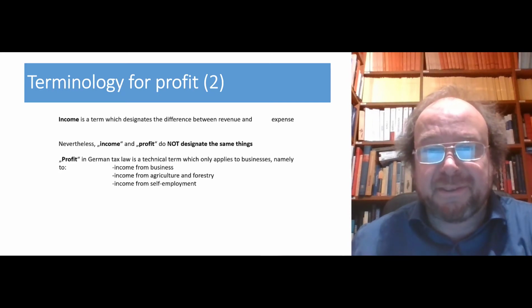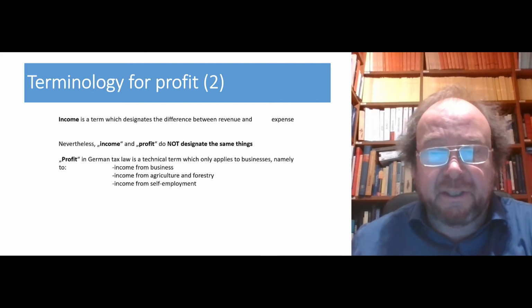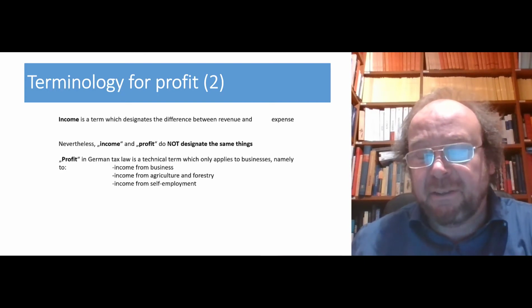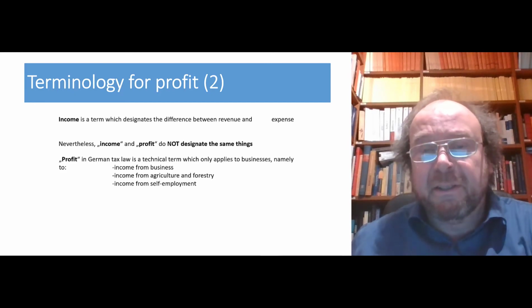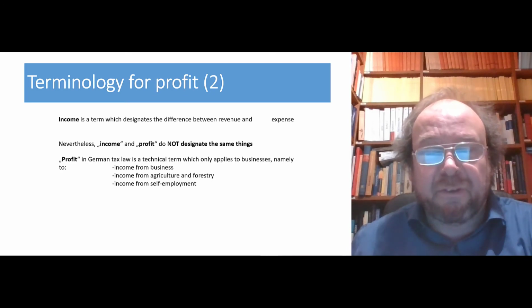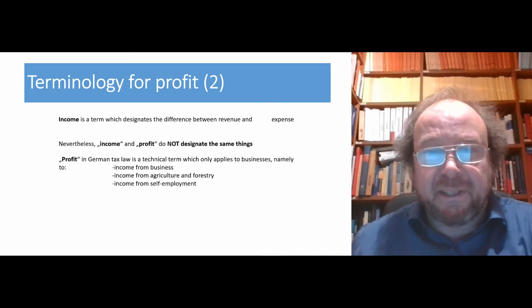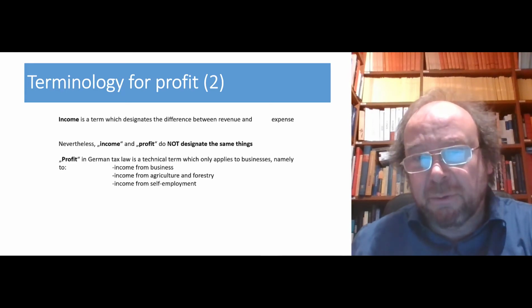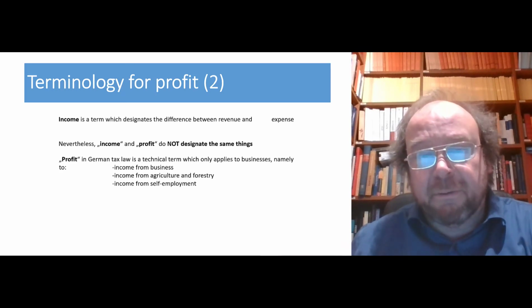So for the first three types of income: income from business, income from agriculture and forestry, and income from self-employment. Income from business, you remember, was the second type of income. It's a basic or general type, and income from agriculture and forestry or self-employment are two special rules which deviate from the general rule.